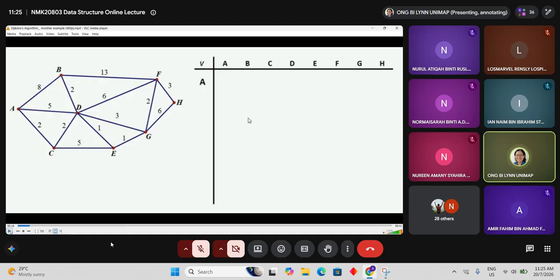Atau mungkin dia akan minta kamu draw the flowchart of Dijkstra. Atau mungkin dia akan minta kamu write the pseudocode for Dijkstra. Alright. Saya ulang. Untuk soalan 3, kamu akan ada some theory part di mana firstly dia akan tanya kamu antara satu ini, saya pun tak tahu mana satu.